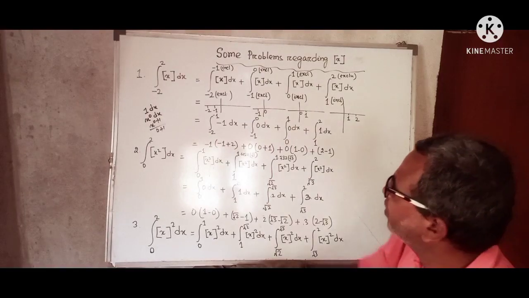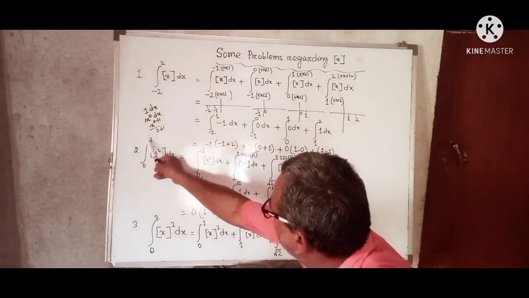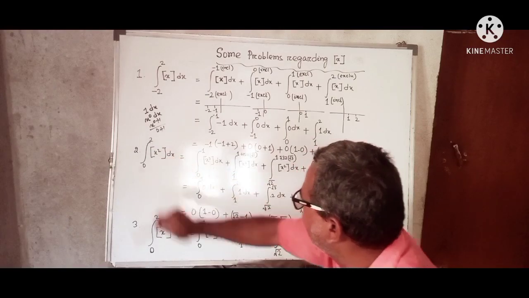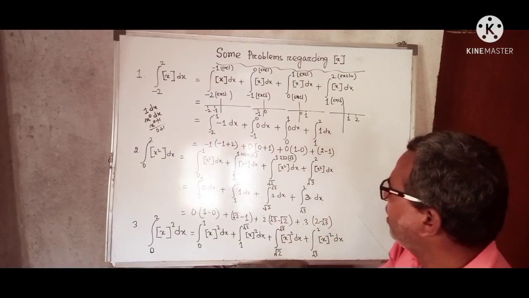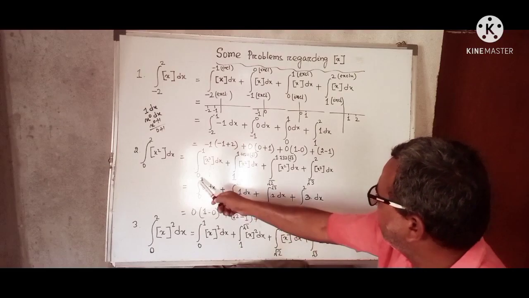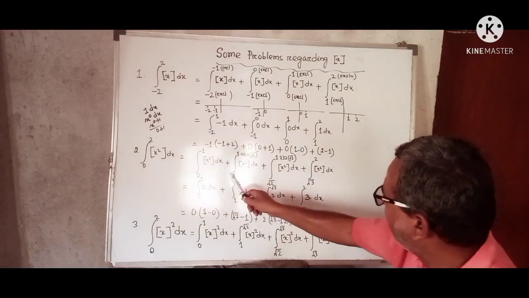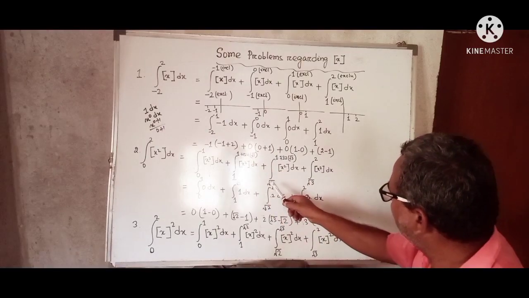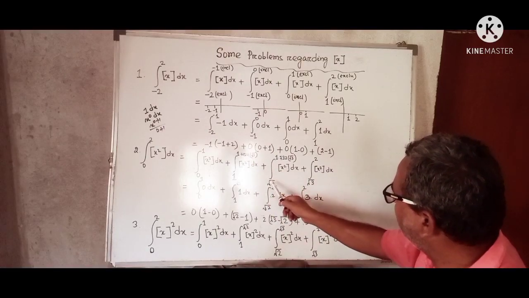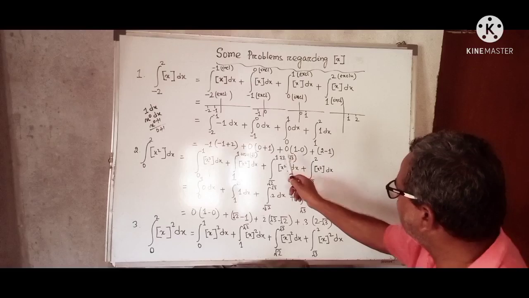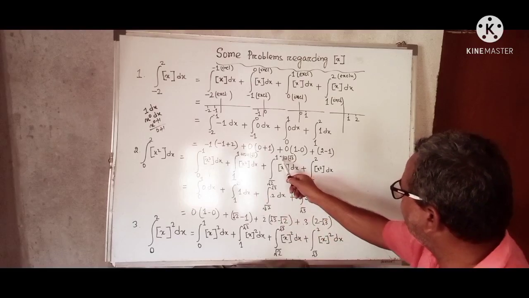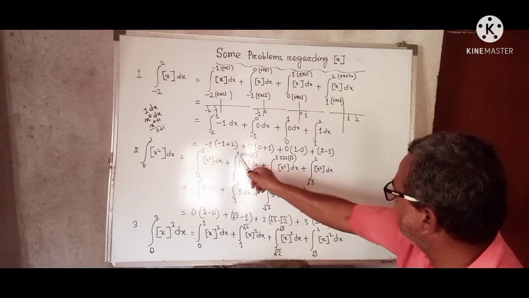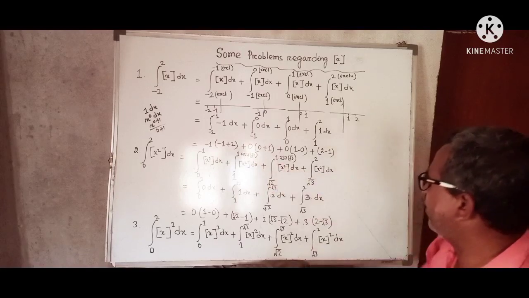Very sorry. You see, 0 to 2, the greatest integer function of x square. You will have to split it: 0 to 1, 1 to 1.414, then root 2 to root 3. The approximate value of root 2 is 1.414.